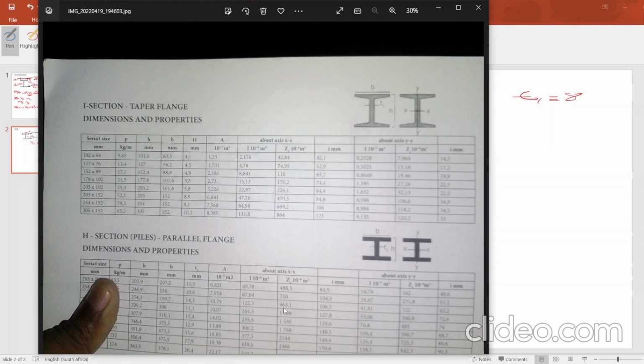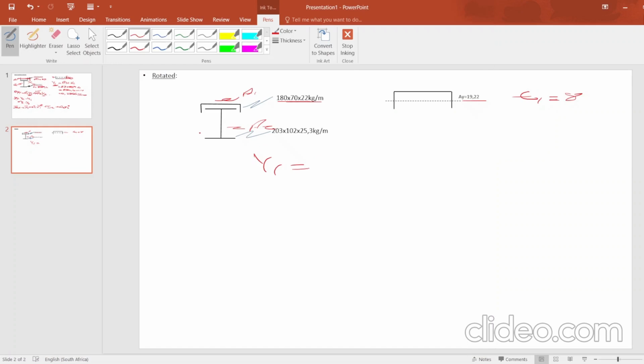Our eye profile is given as 23102. There it is. 203 multiplied by 102, then the density 25,3. Then let's look for the height. There it is. It is 203,2. Right, we are having the height.